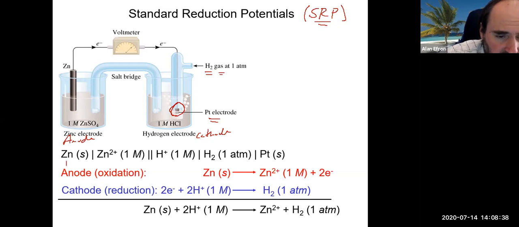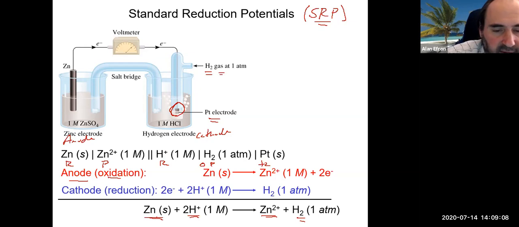We also see that in our cell diagram. Again, reactant, product, reactant, product here. And you can see that in the overall reaction. Here's our reactant, and there's our product, and there's our reactant, and there's our product when you look at the cell diagram. Now, we do see similar things here. Again, the zinc is going from 0 to +2, so it is the oxidation half reaction or the anode reaction.